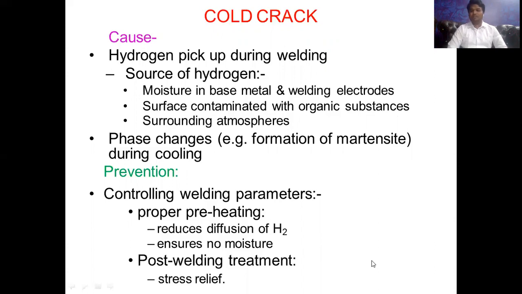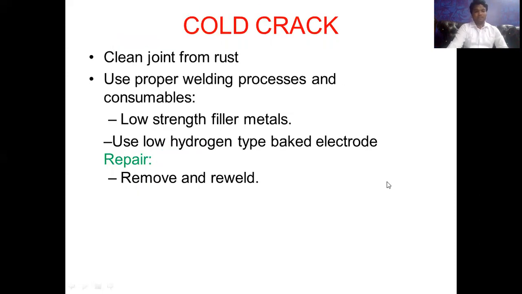The hydrogen can be imparted into the weld due to the moisture of the base metal or the electrodes, contamination of the surface with organic substances, and also exposure to the surrounding atmosphere. The phase changes, formation of martensite during cooling, can also cause cold cracks. Prevention.